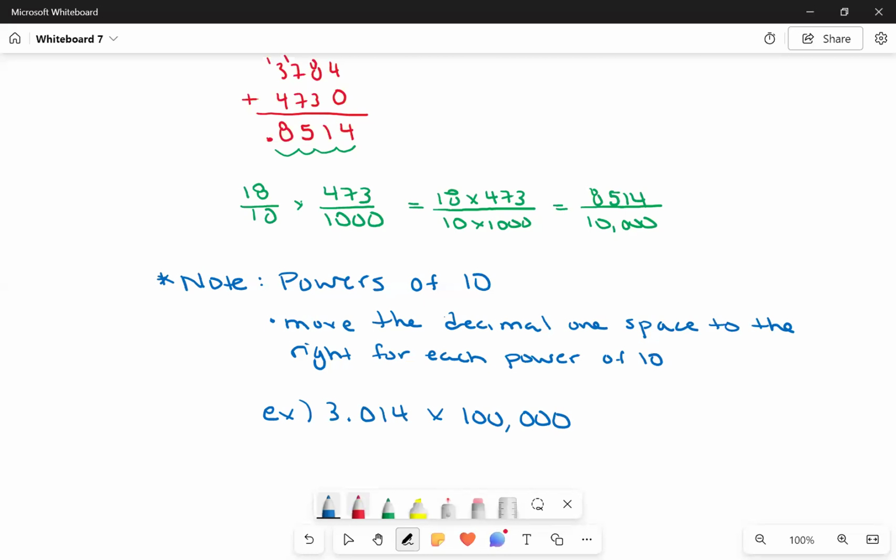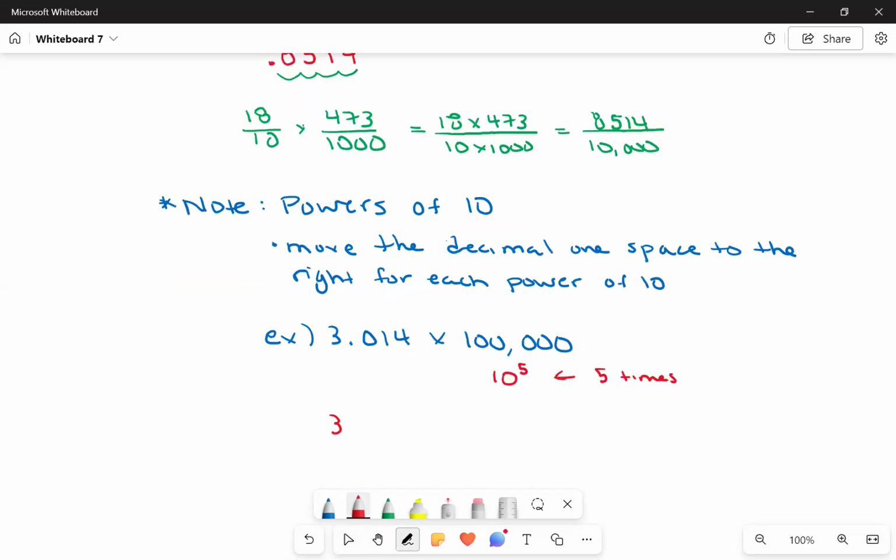So that means I have 5 tens, which means I'm going to move the decimal place 5 times to the right. So I'm going to take that 3.014 and I'm going to take the decimal and go 1, 2, 3, 4, 5. And because I end up having 2 spaces extra, I will add zeros.